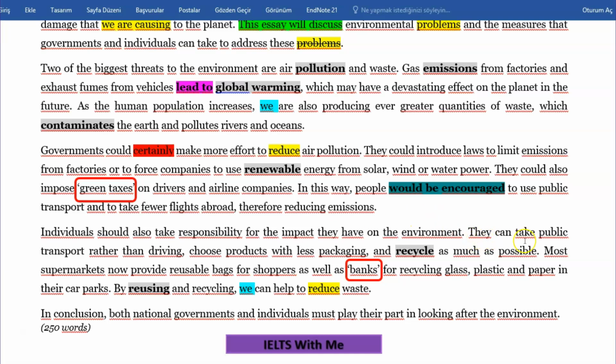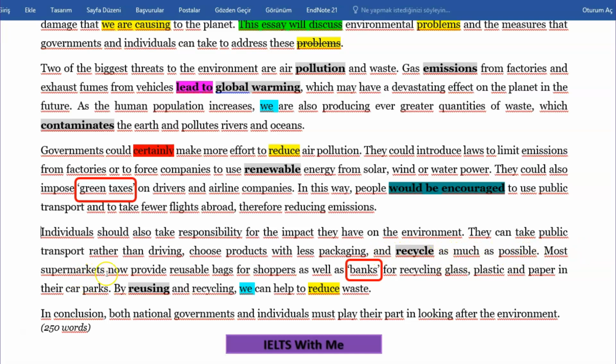Okay, they can take public transport rather than driving. They can use carpooling. Please try to improve and use topic-specific vocabulary. Instead of repeating transport again, you can say that individuals can use carpooling, and in this way they can share their cars with each other, choose products with less packaging, and recycle as much as possible.